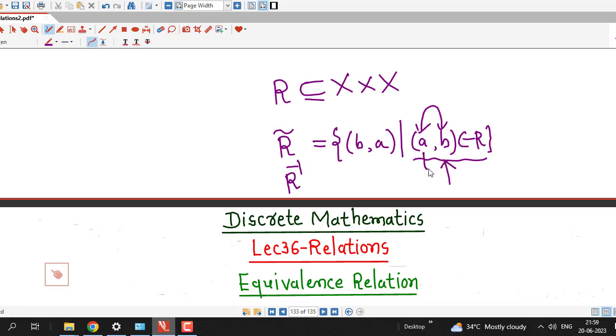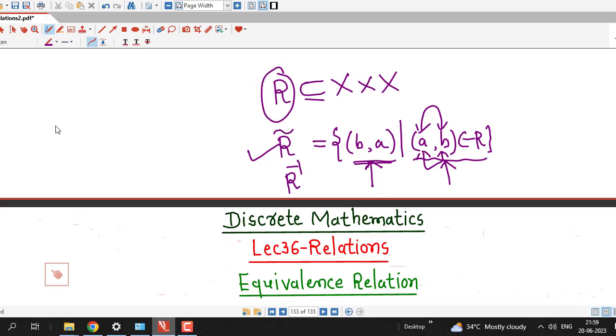If we change the order in each ordered pair of the given relation and then write down all those ordered pairs in one set, then that set is nothing but the converse of a relation.